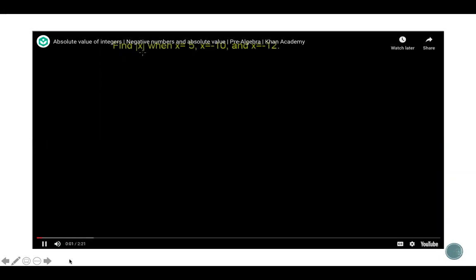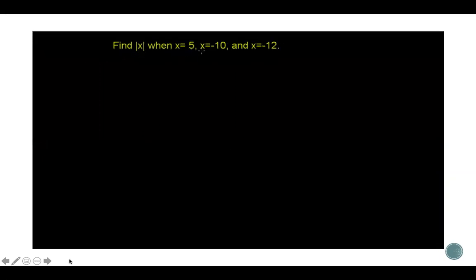Find the absolute value of x when x is equal to 5, x is equal to -10, and x is equal to -12. So the absolute value, the way of writing it is almost more complicated than what it really is. The absolute value is really just the distance of x from 0. So let me just draw a fast number line over here.